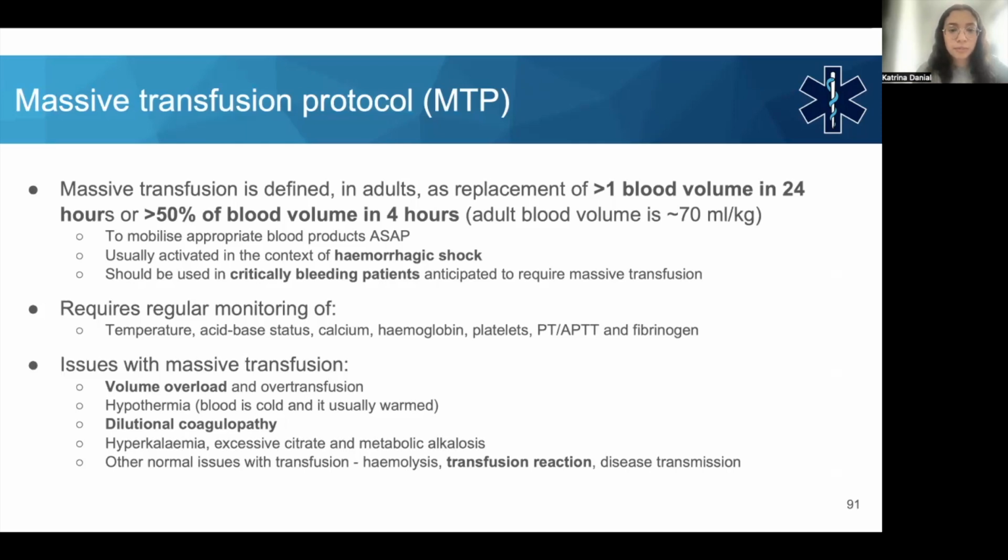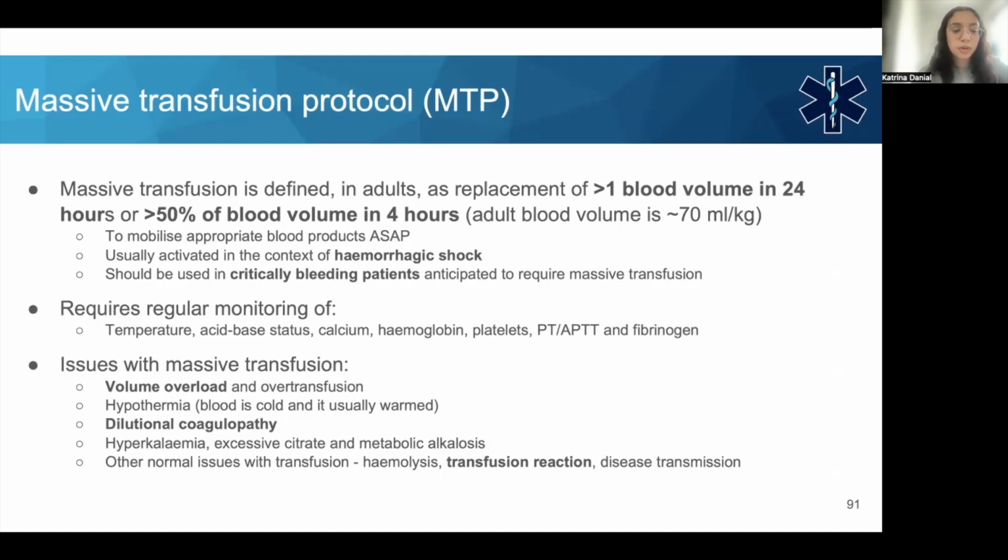Okay, it's quite complicated, so I won't go through the whole thing, but there are obviously issues with transfusing a whole bunch of blood suddenly. One, the risk of overshooting, and you cause the patient to go into a state of volume overload. Hypothermia, if the fluids we're giving aren't warmed appropriately.